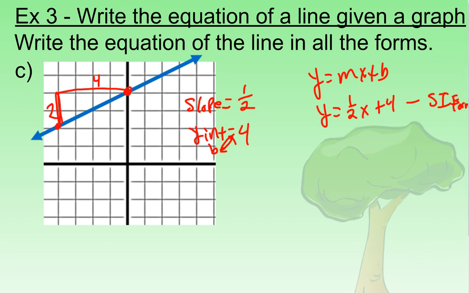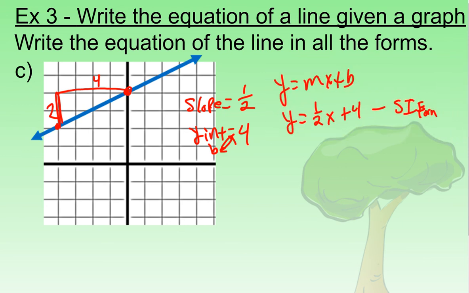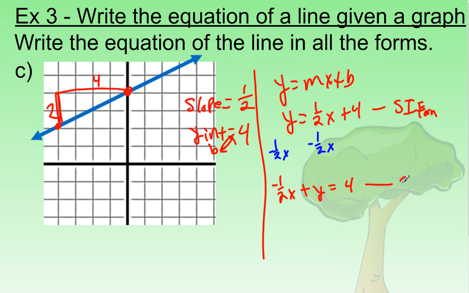Standard form is ax plus by equals c, so we get the x and y together. So if I subtract 1/2 x on both sides, we get -1/2 x plus y equals 4. We are in standard.